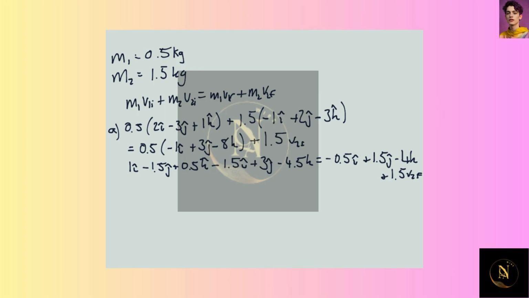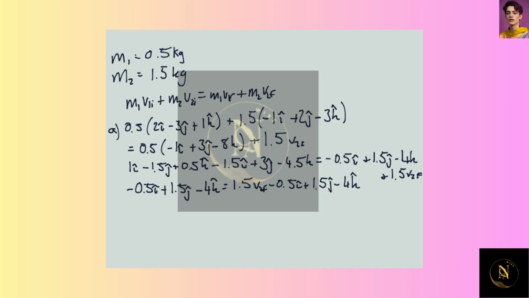Then by combining like terms and rearranging, we'll combine like terms first: negative 0.5i plus 1.5j minus 4k is equal to 1.5 V2F, and then the same thing, so minus 0.5i plus 1.5j minus 4k.